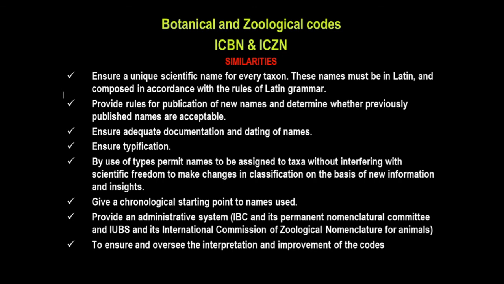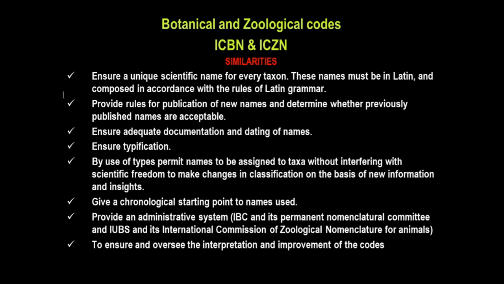Then what are the similarities between ICBN and ICZN? The purpose is to ensure a unique scientific name for every taxon. These names must be in Latin, both in botanical and zoological, and composed in accordance with the rules of Latin grammar. They provide rules for publication of new names and determine whether previously published names are acceptable.